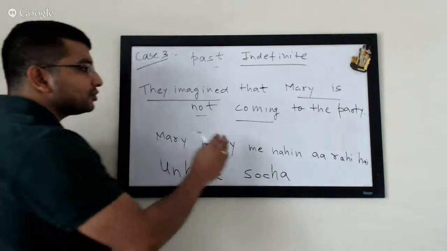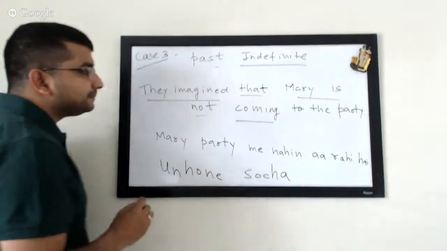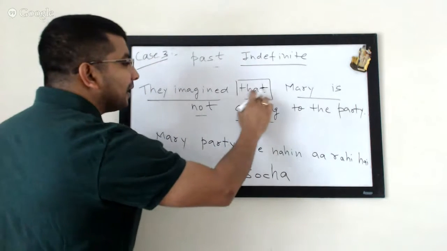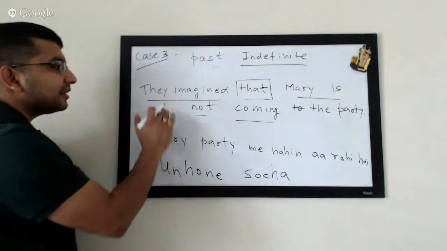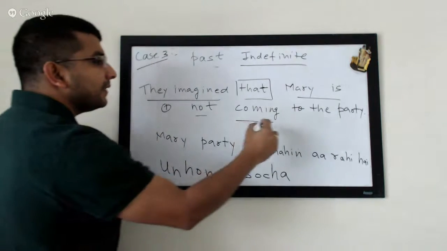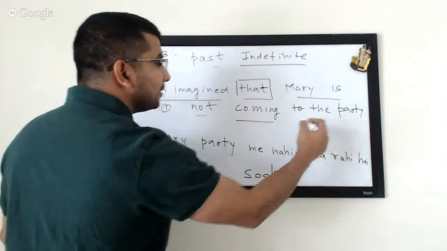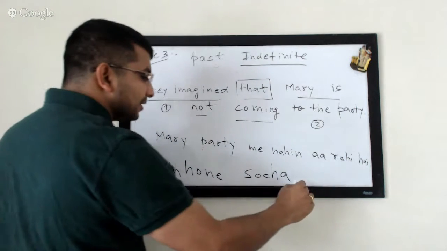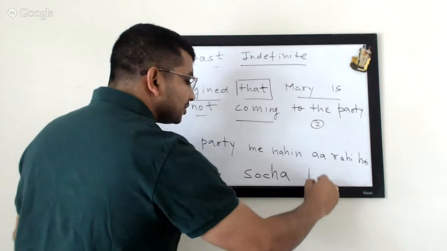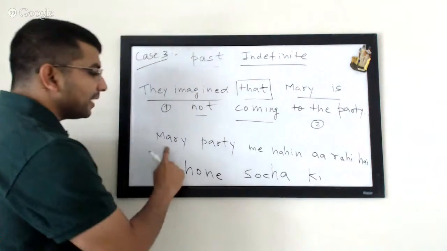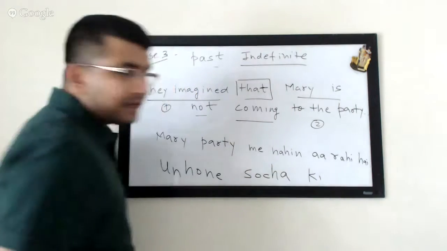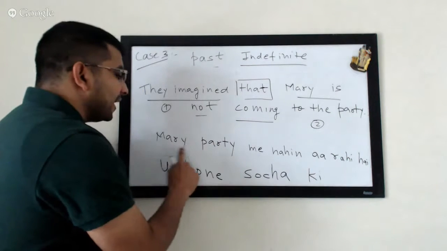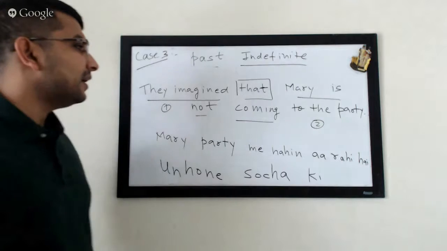Okay, उन्होंने सोचा that. And that is a sort of combining these two sentences. Essentially there are two sentences, and this is sort of combining them. So in that case it will be उन्होंने सोचा कि मैरी पार्टी में नहीं आ रही है. Right, straightforward.